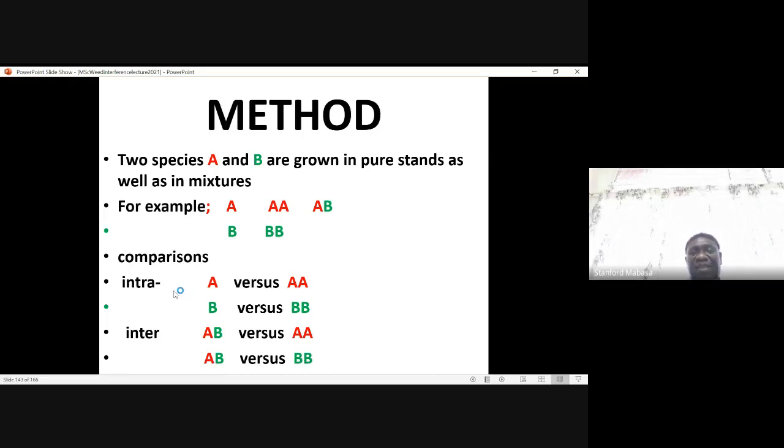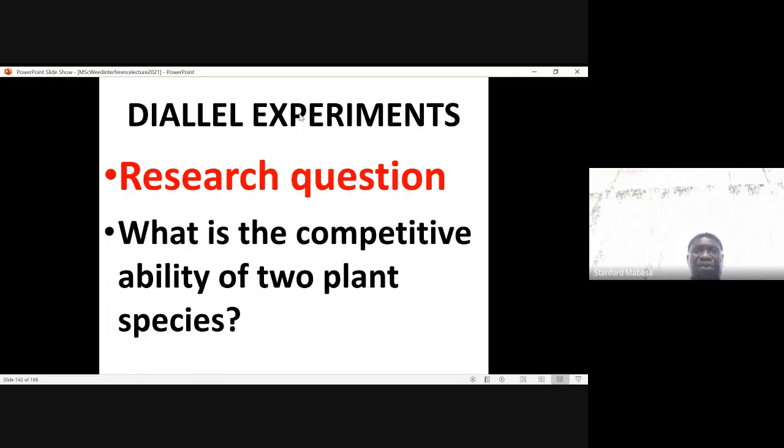This is how you can separate intra-specific effects and inter-specific effects. It's the diallel approach. And as I've said, we scientists rarely use the diallel experiments.